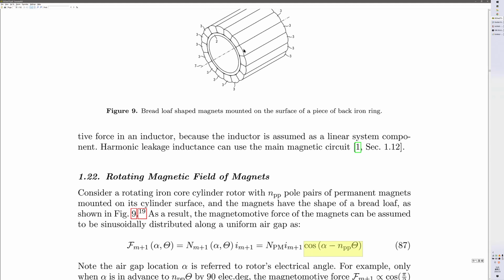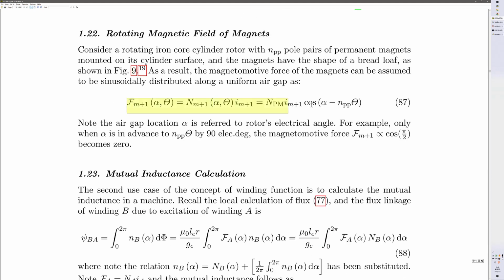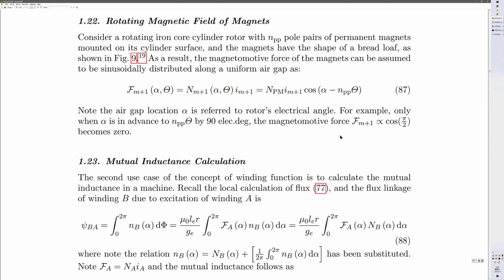That's why they are making this bread loaf looking shaped PM, and they just mount all those PM on a back iron as a rotor. So, and this is the expression for its MMF. Okay, so keep that in mind.